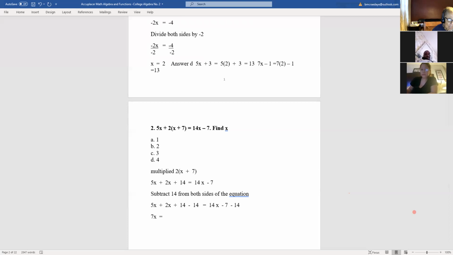What about your 14x? You have 14x minus 7 minus 14. What is that equal to? 14x minus 7. Okay, so that's 14x. Where are you getting a minus 7? What's a minus 7 and a minus 14? A plus 7. No. What about your sign rules?